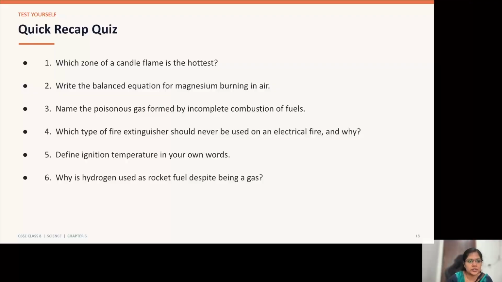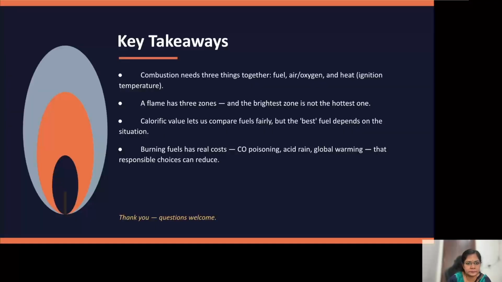Why is hydrogen used as a rocket fuel? Yes, hydrogen has an extremely high calorific value per kilogram, and that is the reason it can be used as a fuel in rockets. So what are the key takeaways?